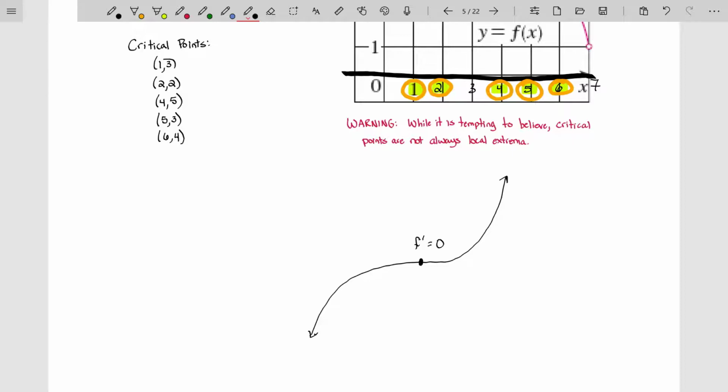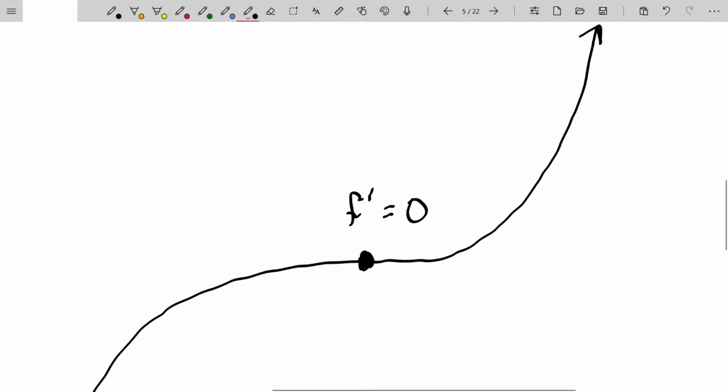So if you're standing at this point, which is a critical point by the way, it is neither above all values nor below all values to the left or right. It's actually still climbing. So if you look to the left, yes, it's above values to the left, but it's below values to the right. So that is not a local extreme.